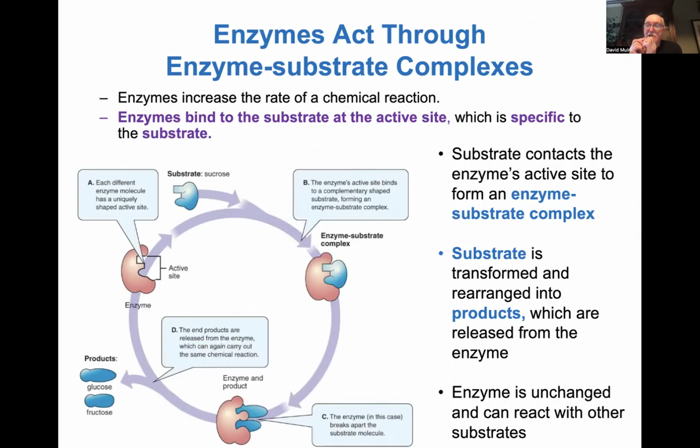The enzyme binds the sucrose, and when it binds the sucrose, the enzyme itself changes shape. And it changes shape sufficiently that it stretches and breaks that bond between the glucose and the fructose. It releases the products, glucose and fructose molecules, because once that happens, they no longer fit the active site. And so they are released, and the enzyme emerges unchanged at the end of it, ready to go through the whole process again.